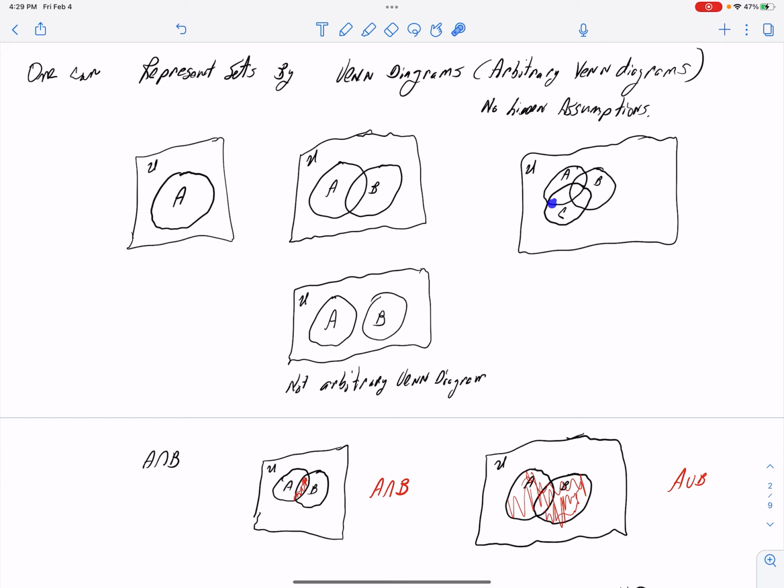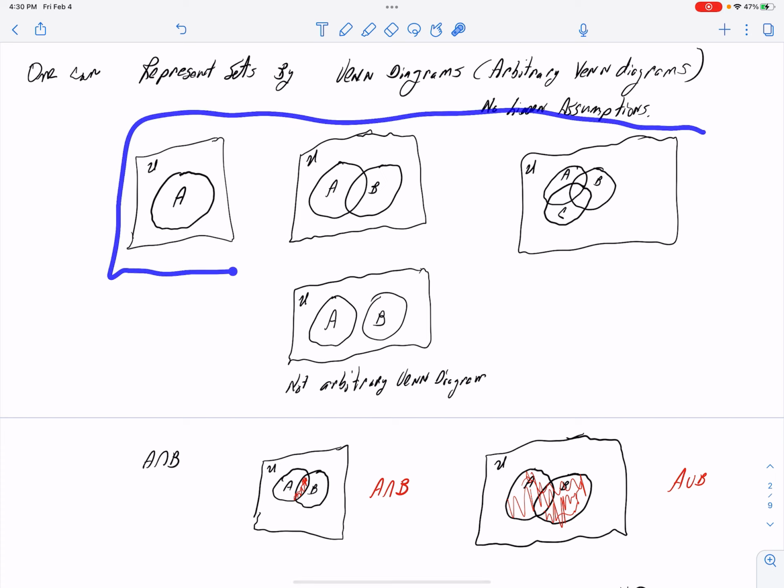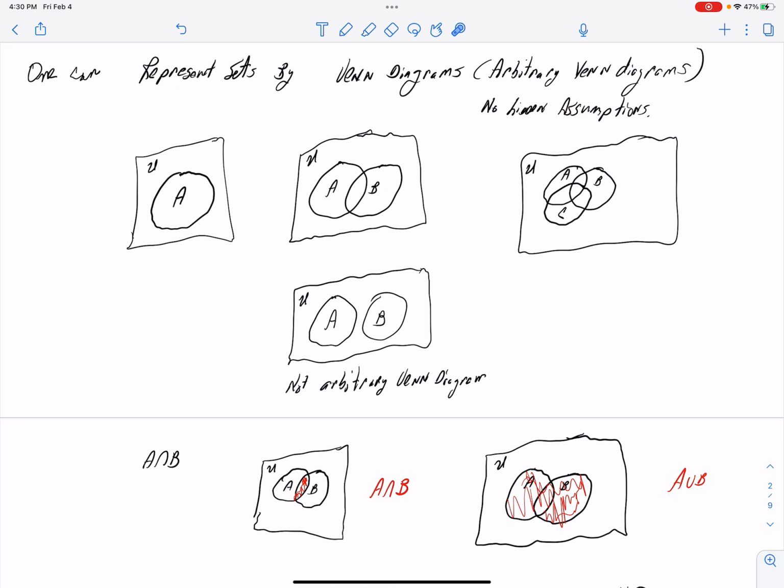Remember, just because I have a piece here of overlap doesn't mean there has to be any elements in there, but there should at least be the possibility. Hence, here are the arbitrary Venn diagrams for 1, 2, and 3 sets.